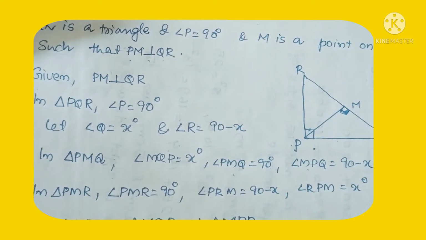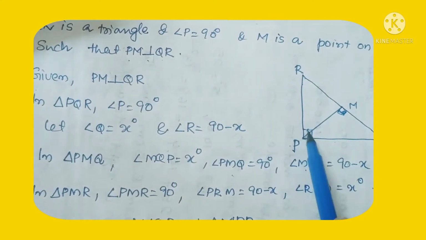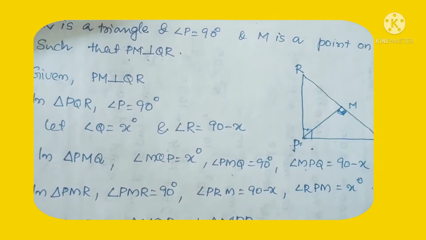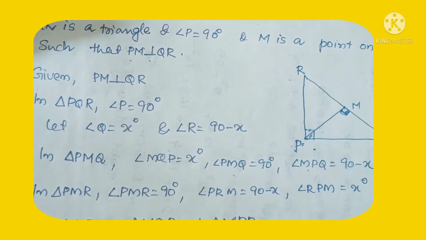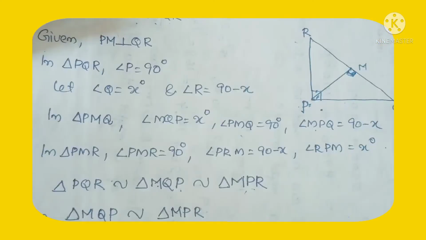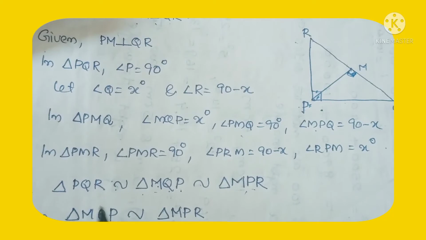Then as we proved in the Pythagoras theorem, we can see that triangle PQR, triangle PMQ and triangle PMR are similar to each other. Triangle PQR is similar to triangle MQP, which is similar to triangle MPR. First we want to take the two triangles, triangle MQP and triangle MPR.